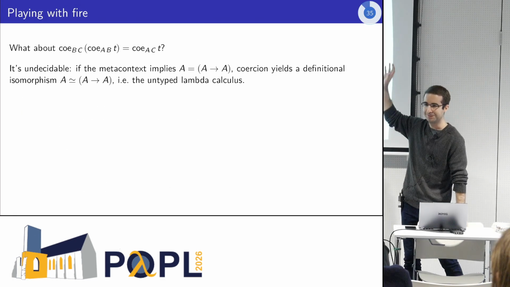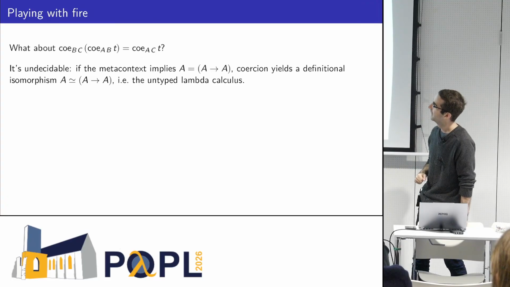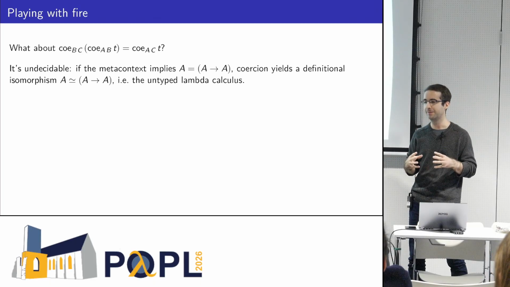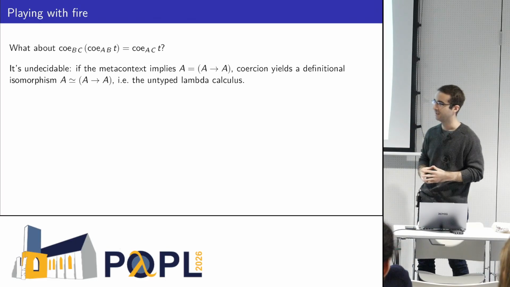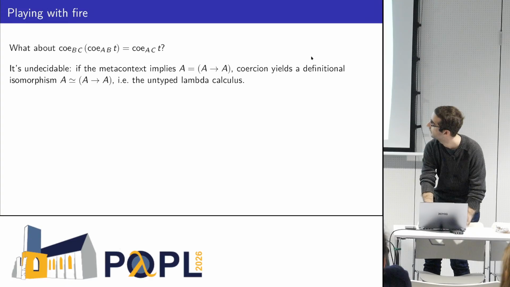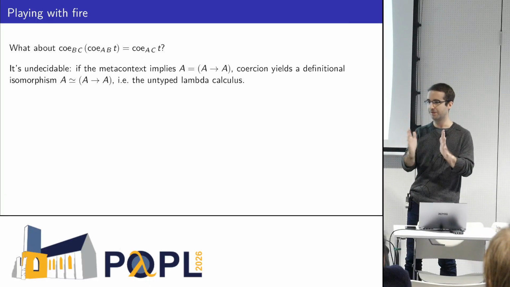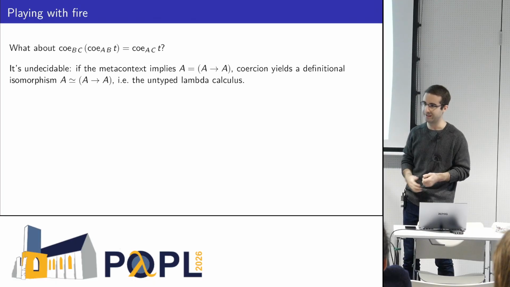Okay, so we have this rule, and it's undecidable, because basically every coercion becomes one leg of a definitional isomorphism. So if the meta context implies this equation, you can just coerce back and forth, and now you have a definitional isomorphism, which is just the untyped lambda calculus.